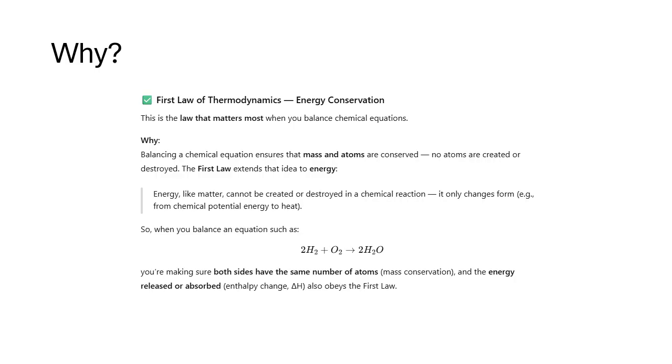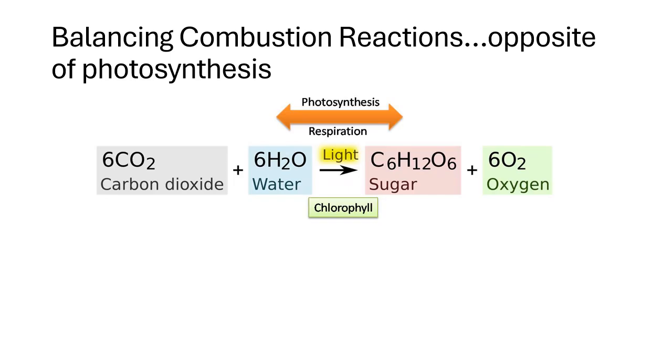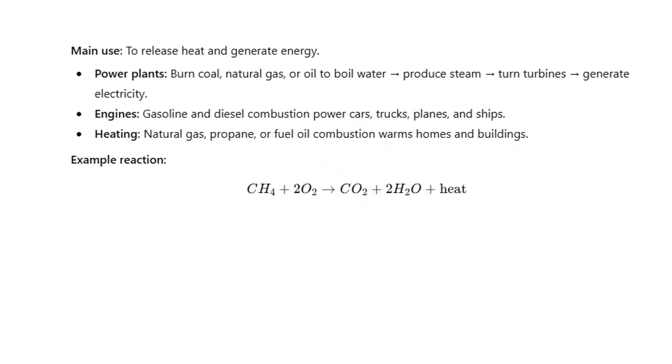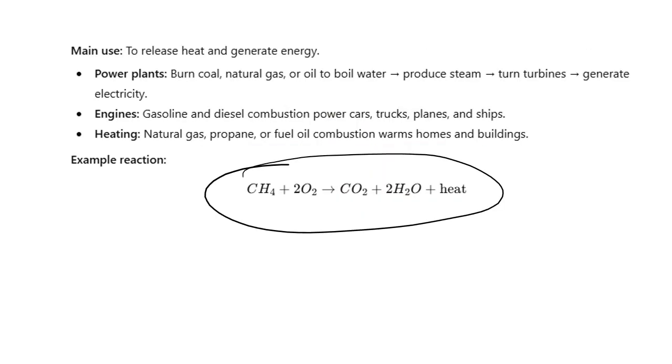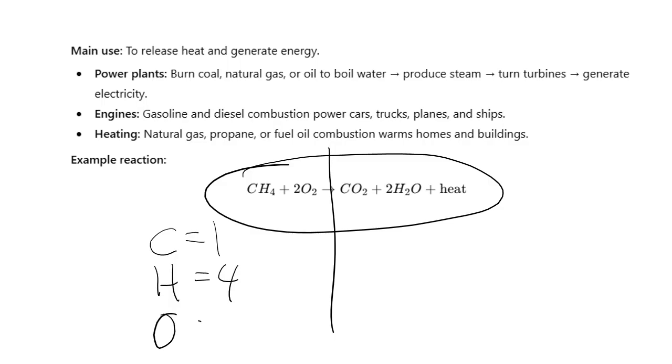And why do we balance equations? Well, you can't create nor destroy matter. But stuff on this slide I generally won't ask. So if we look at this equation, on the left we have 1 carbon, 4 hydrogens, and 4 oxygens. On the product side we have 1 carbon, 4 hydrogens, and then we would have to add up these oxygens.